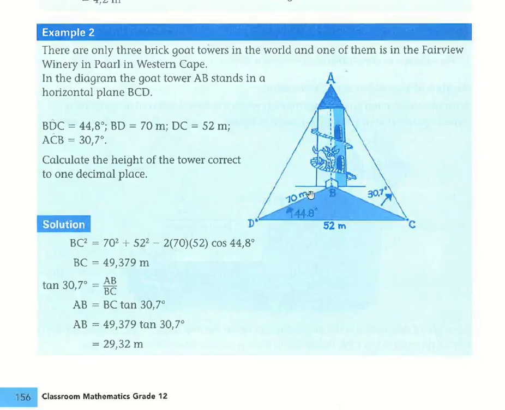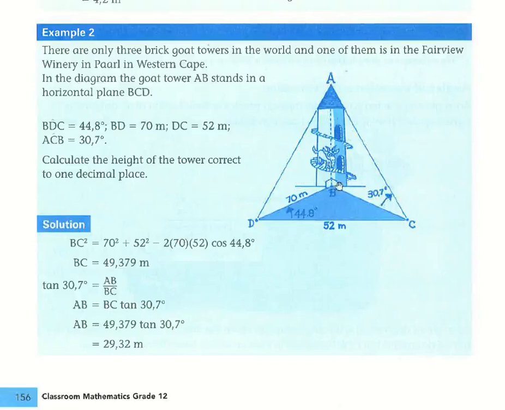Well, we know that angle BCD is 44.8 degrees, that DB, which is that length over there, is 70 meters. DC, which is this length over here, is 52 meters. And angle ACB is 30.7 degrees.